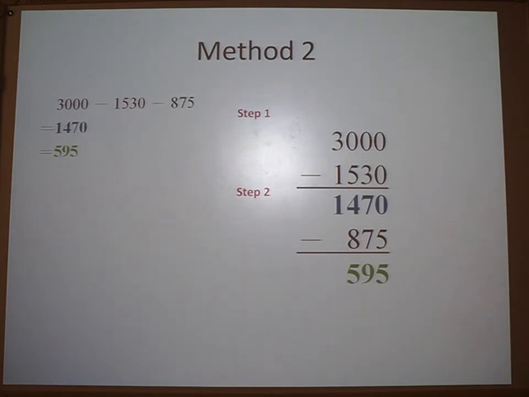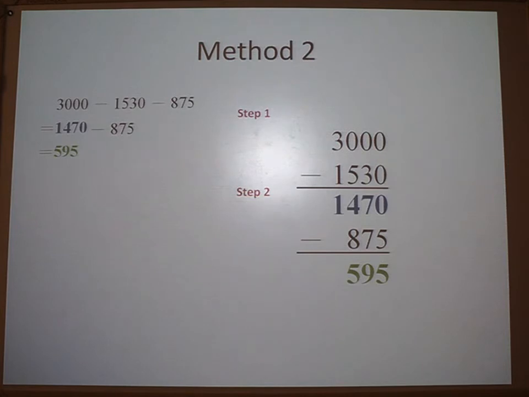That means we combine step 1 and step 2 in the same column form. And for the horizontal form, we need to write down the first answer, which is 1,470 minus 875.